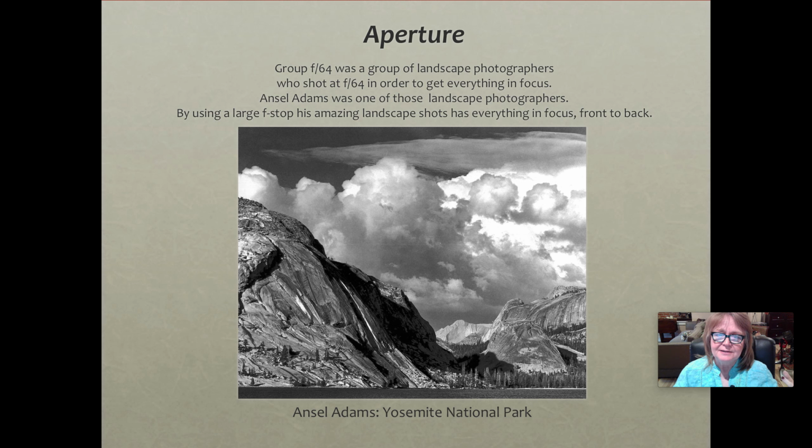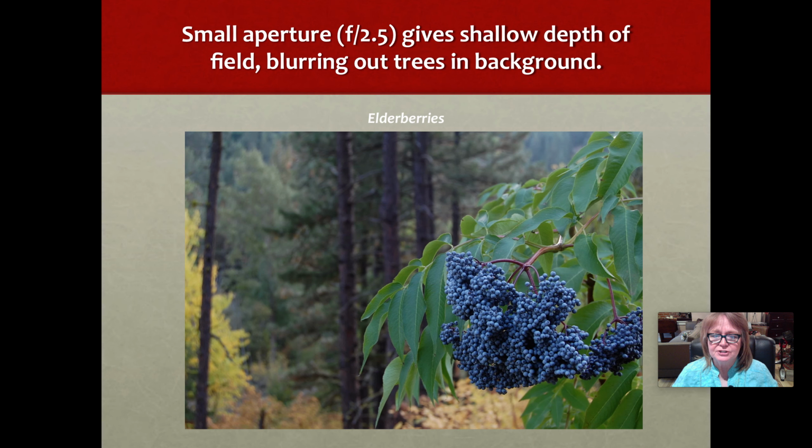But they did it in order to keep everything in focus. And since they were shooting landscapes, like this shot of Yosemite Park by Ansel Adams, they wanted everything in focus. So everything from that mountain way off in the distance to the dome here close at hand is all in focus.